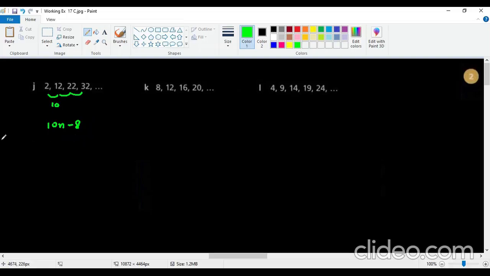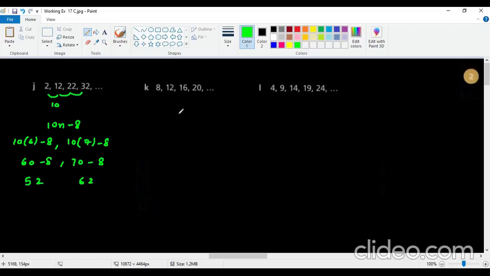So 10n minus 8 is the term rule, and 10 times 6 minus 8, and 10 times 7 minus 8. That means 60 minus 8 and 70 minus 8. So this is going to be 52 and 62 as the next two terms.